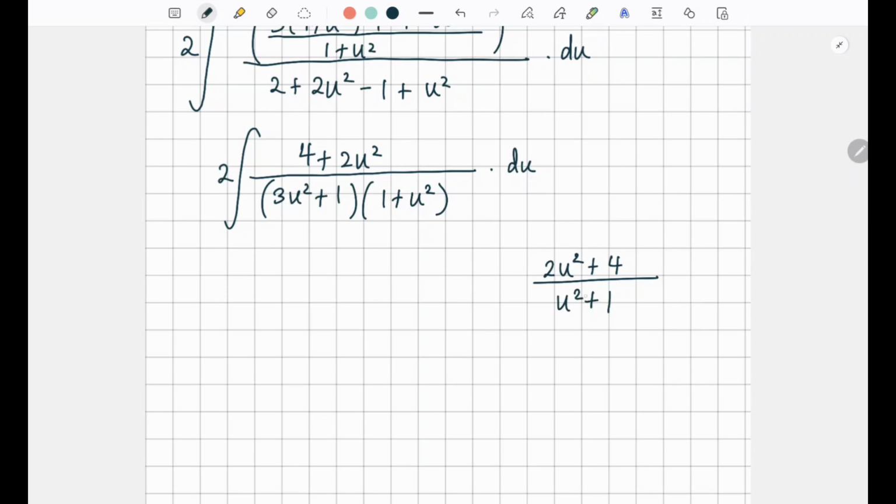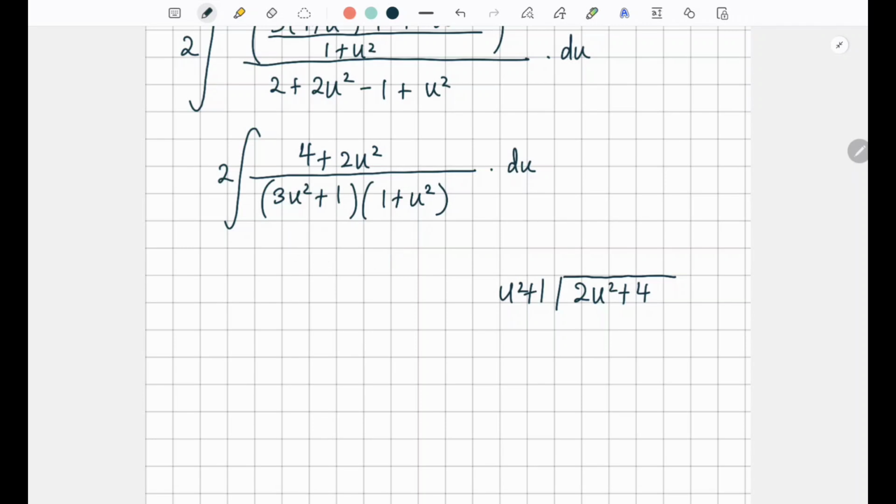So what I'm doing is I'm going to divide 2u squared plus 4 by u squared plus 1, and then I'm going to divide it by 3u squared plus 1.